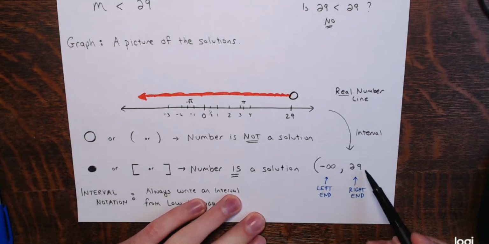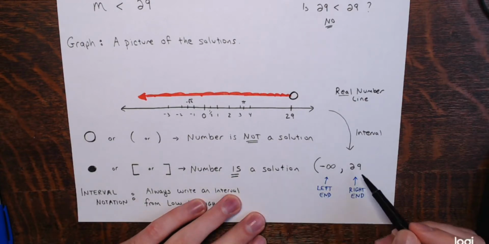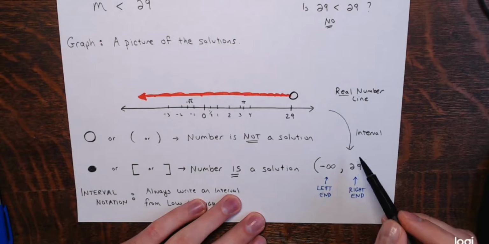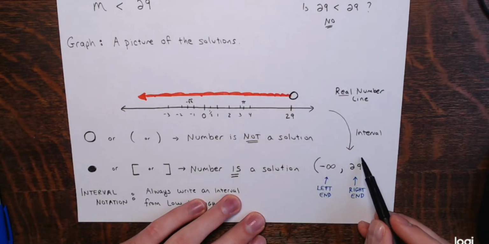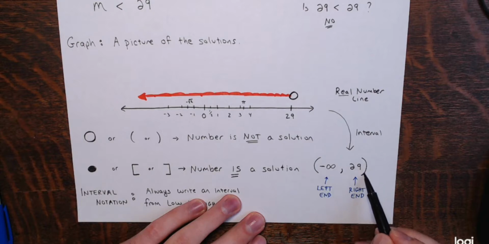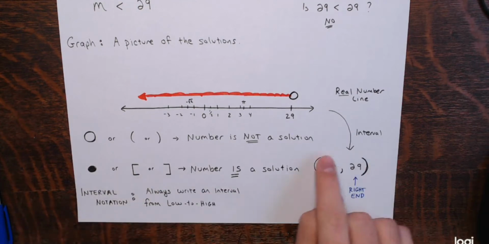And then you do the same to the right end, cap off the right end with either a right parenthesis or a right bracket. It all depends on if that right end number is a solution or not. Well, we said earlier 29 is not a solution, right? I have this open point here, so I'm going to put a parenthesis symbol on the 29. Right? And this is what they're asking us for.